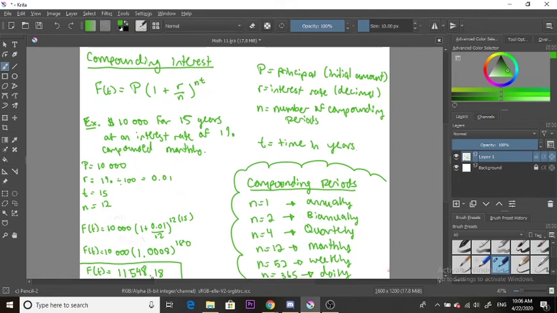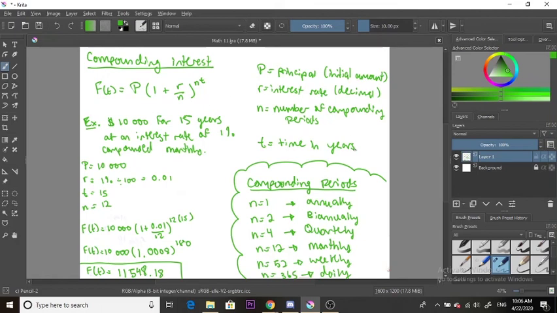Now, of course, this is not accounting for the fact that you might be putting in money every couple months or every year. This is just you put in money one time and you just let it sit there. If you do decide to put money in, then that will change your number and you have to use a different formula for that.